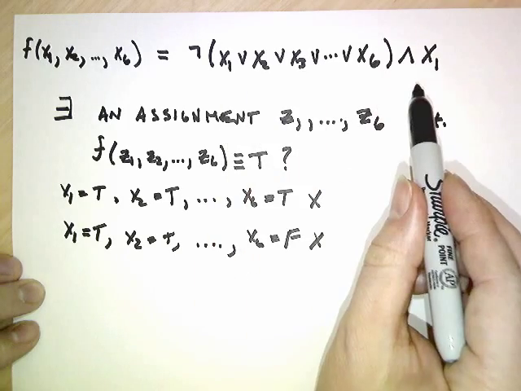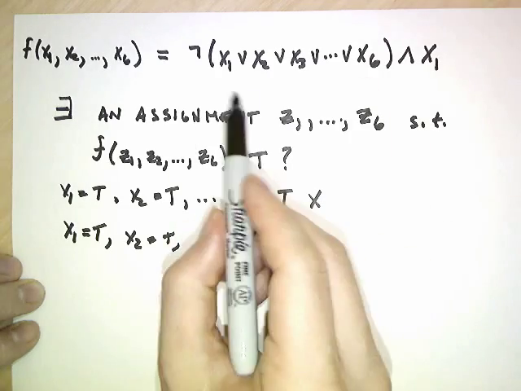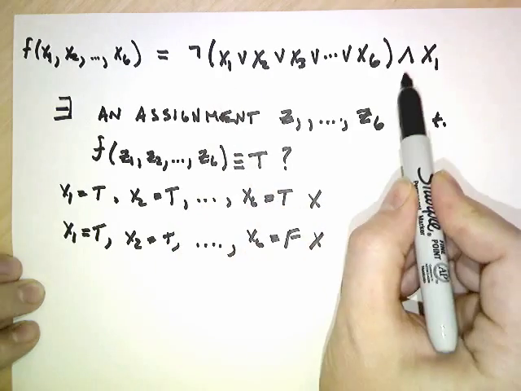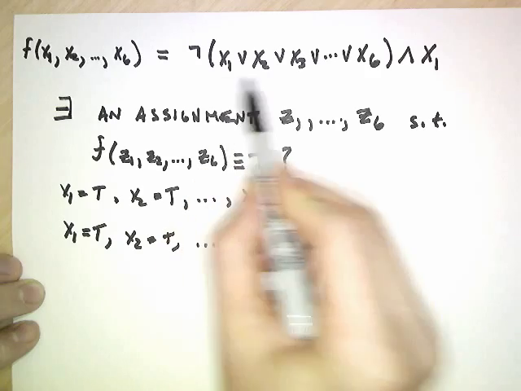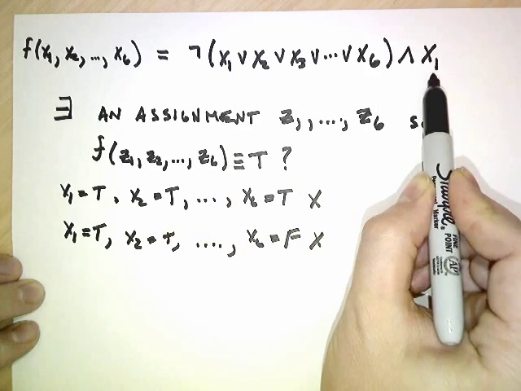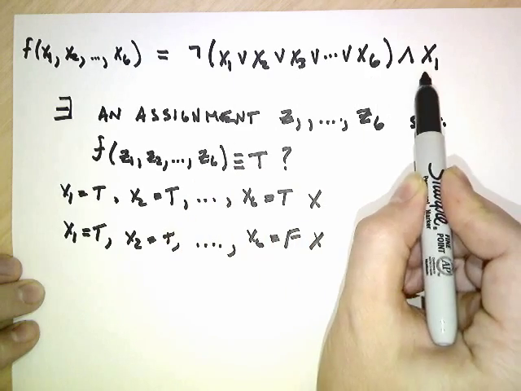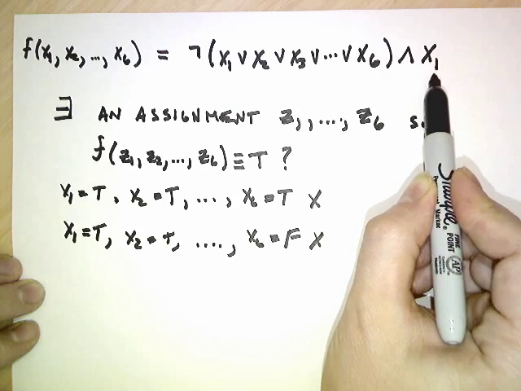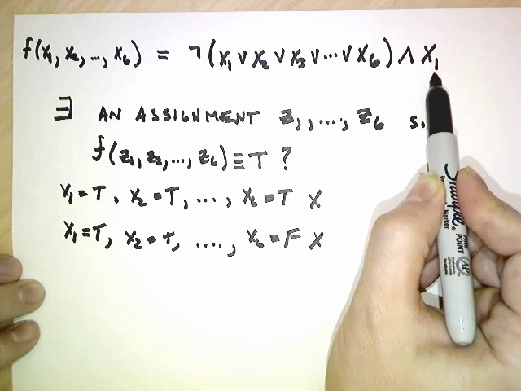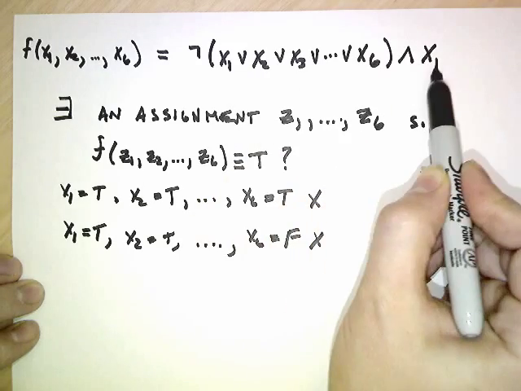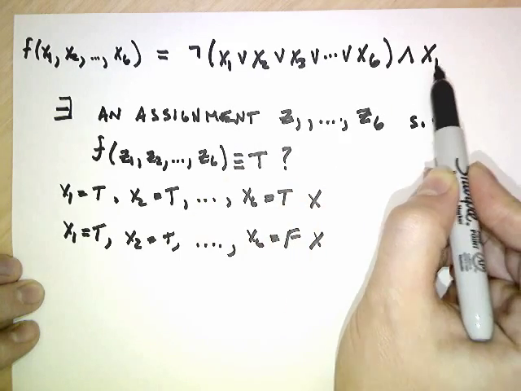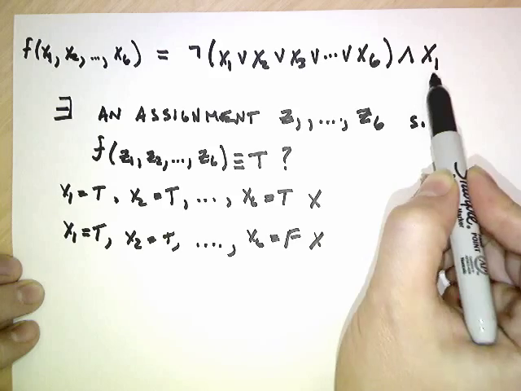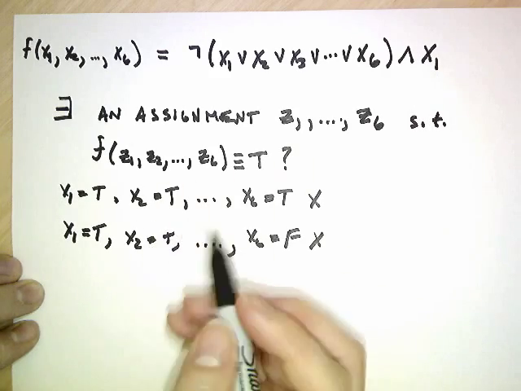Well, how can we figure it out from this formula? Let's just look at it for a second. Since it's not of this expression and x1, then x1 has to be true, right? If x1 is false up here, then we're going to have something and false, so we'll get false. So therefore, the only way this formula can be satisfiable is if x1 is true.